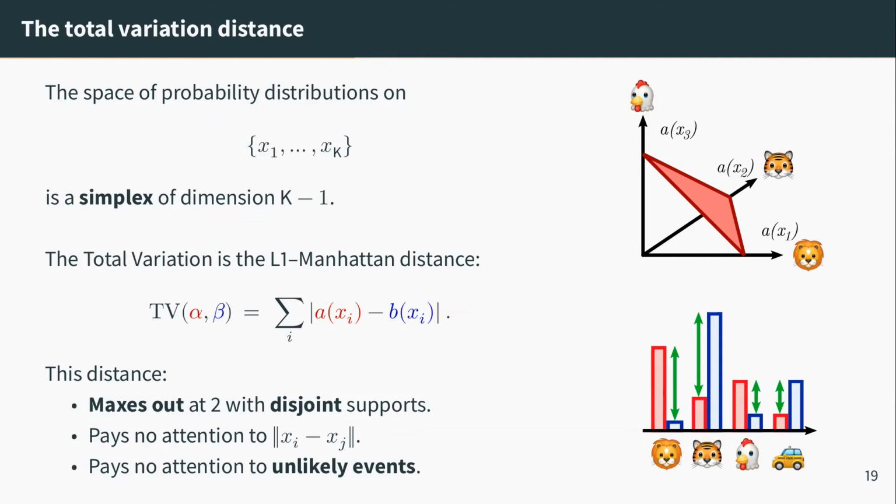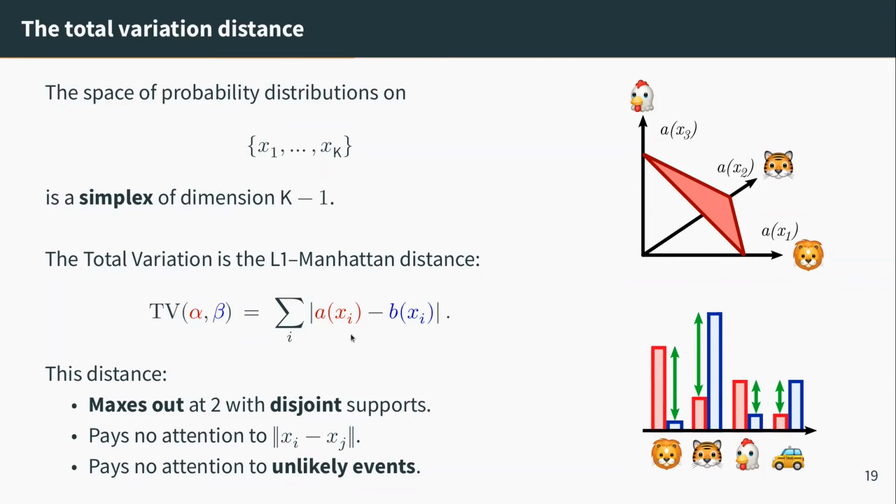And on this space, it seems idiomatic to use the L1 Manhattan distance. Since the space of probability distributions is defined using the sum of values, maybe what I should do is define the distance between alpha and beta as the sum over all labels of the absolute difference between the weights a of xi and b of xi.